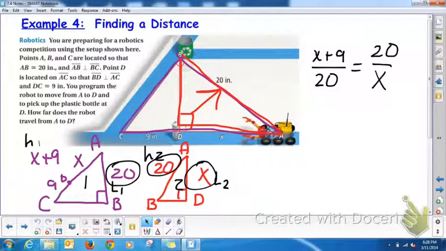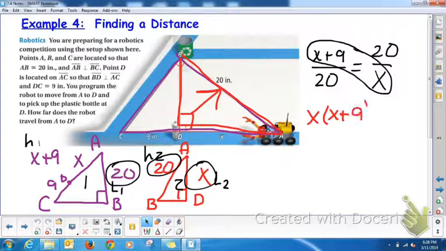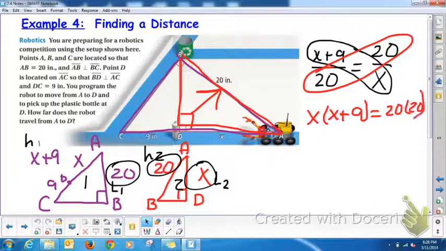Now we're going to use the cross product property. What's going to happen when you multiply: x times x plus 9 is equal to 20 times 20, or 20 squared.